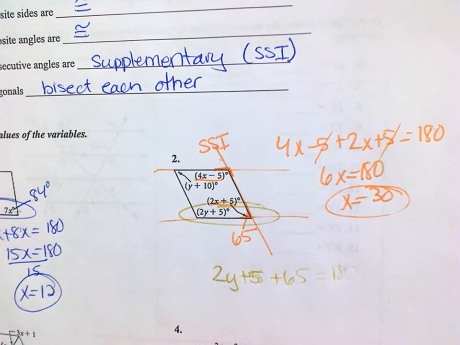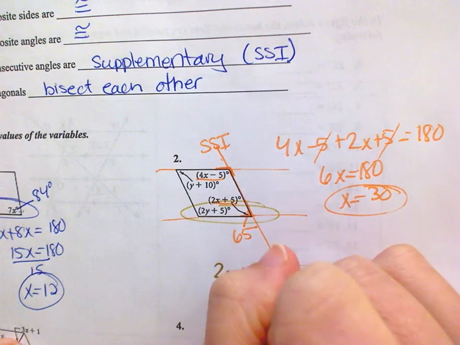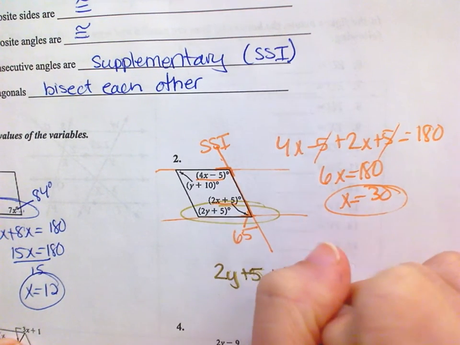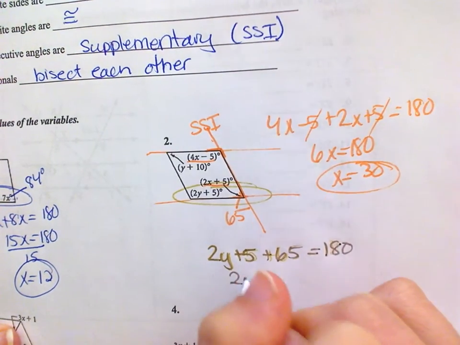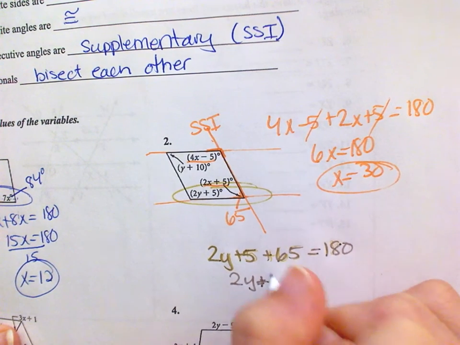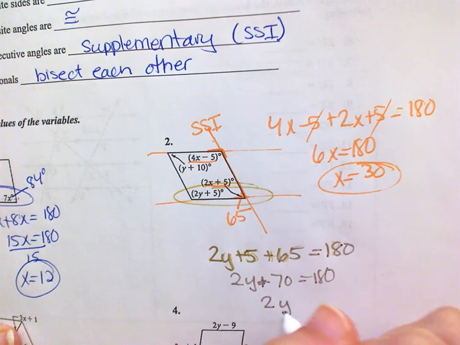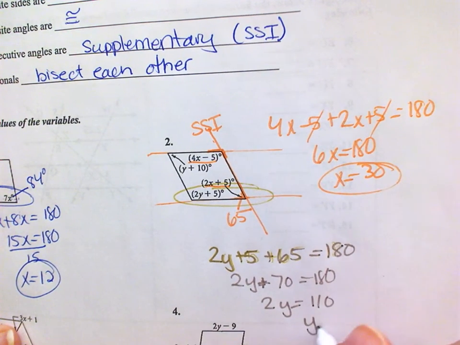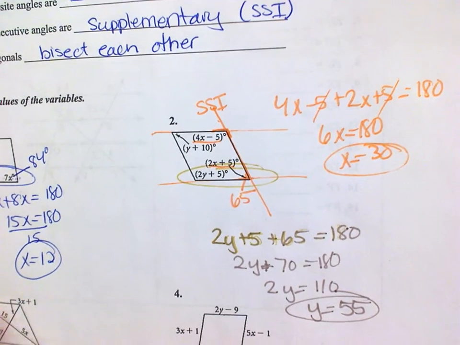My pen's dying. Okay, so we've got 2y plus 70 is 180. So 2y is 110. So 1y is 55.